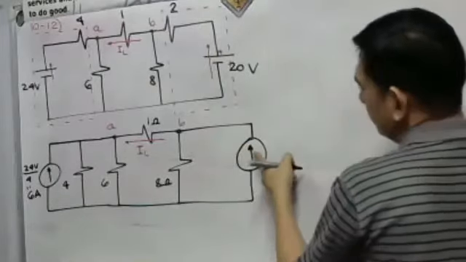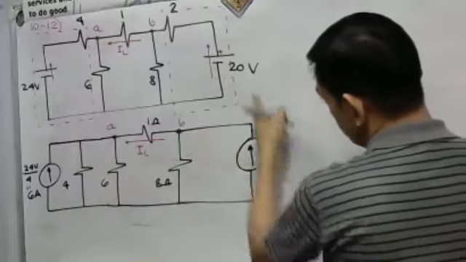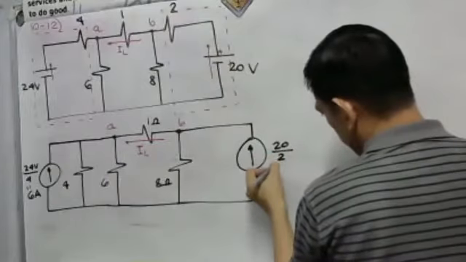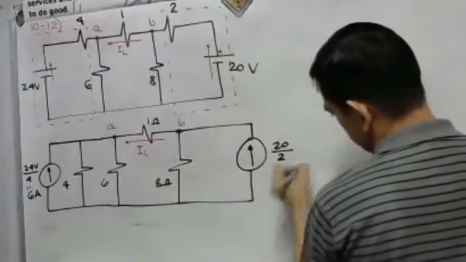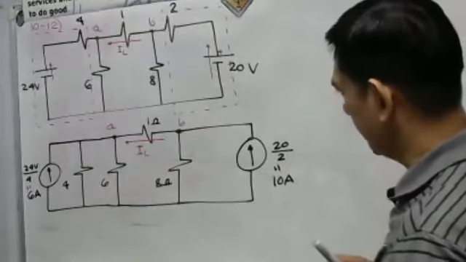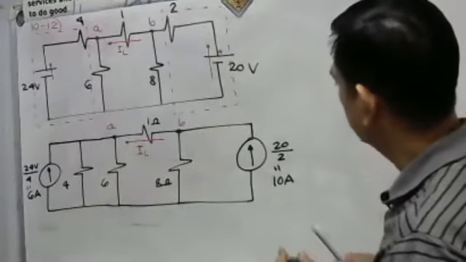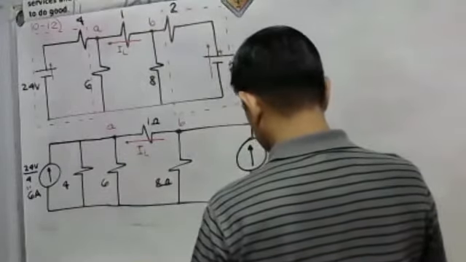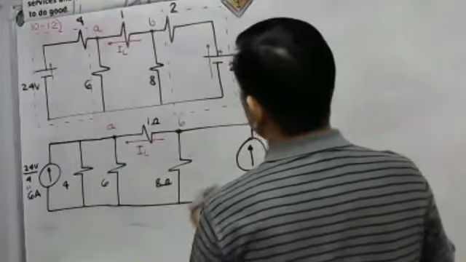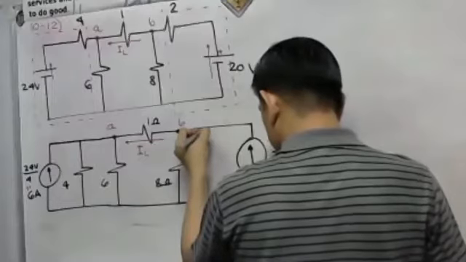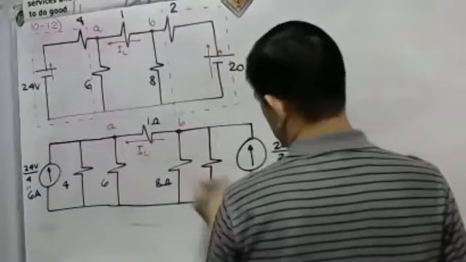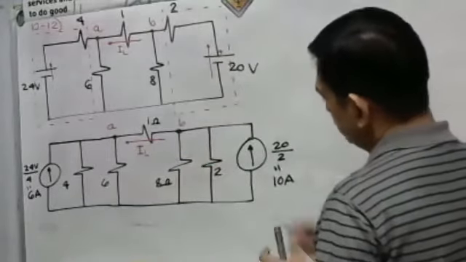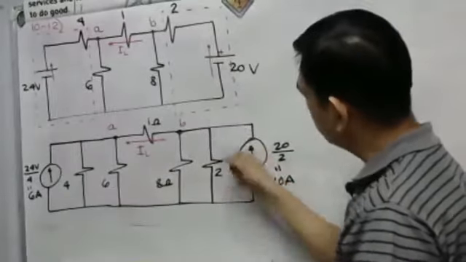What is the value of our current source? 20 volts divided by 2 is 10 amperes, so we have a 10 ampere source, with the 2 ohm resistance as the parallel resistance. This is now the equivalent Norton circuit of this Thevenin circuit.